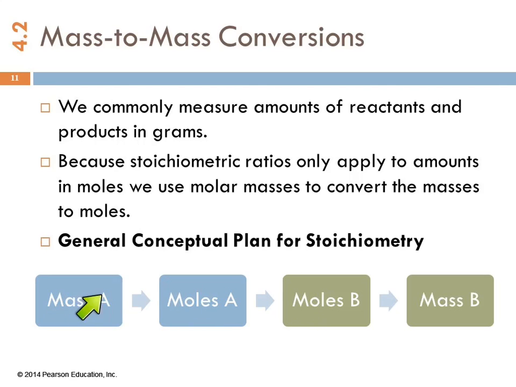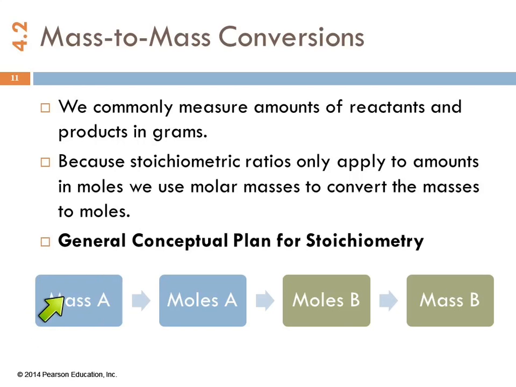But we're interested in what mass of A will produce some mass of B. And so this is our overall plan for stoichiometry, our map. Grams to moles to moles to grams. And you just kind of chant that until you wake up in the middle of the night, saying grams to moles to moles to grams. And it's like the key to doing these stoichiometry problems.